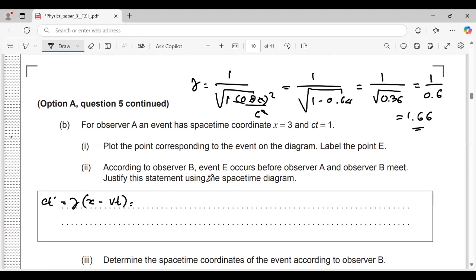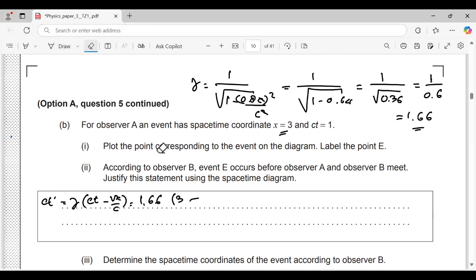So we can substitute it into this equation: 1.66 times (ct minus phi x over c).